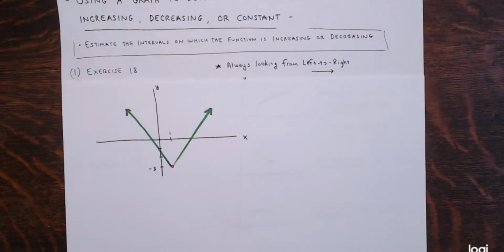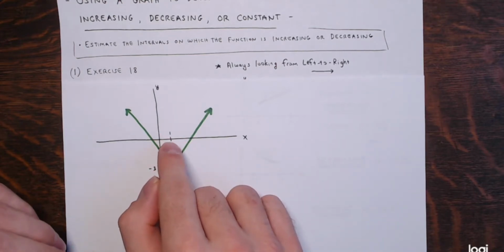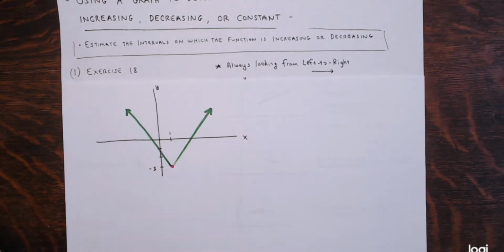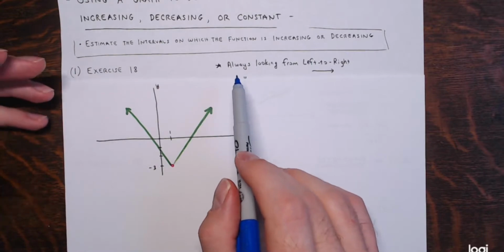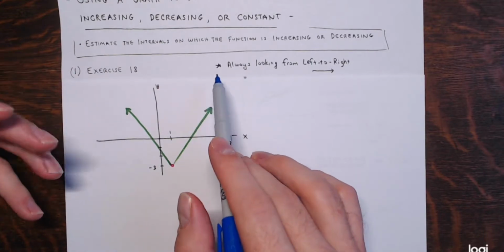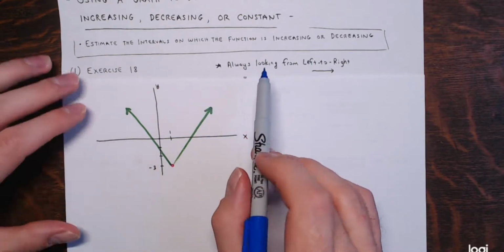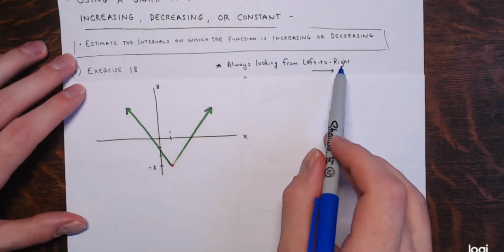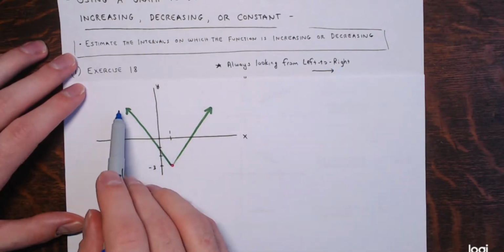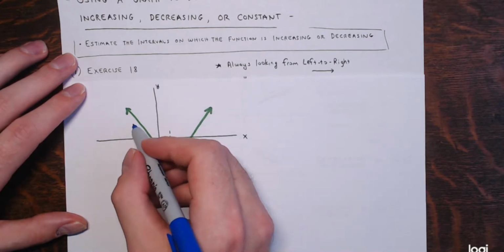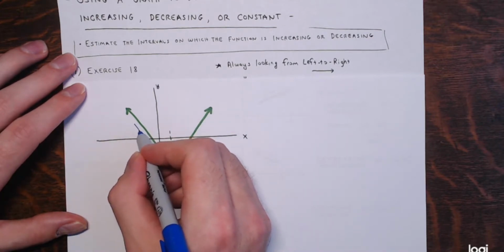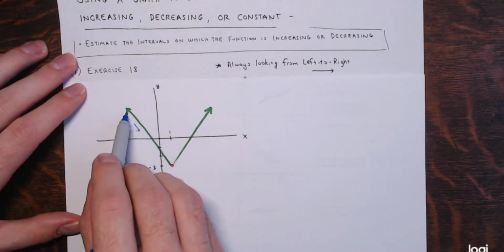All right, so here we go. I've got just a very, very rough sketch of it. I only put up the number that's really important on the x-axis here. And as I mentioned earlier, when you're asked about where a function is increasing or decreasing or constant, you're always looking from left to right. So look at this graph from left to right, and on this piece of the graph, the y coordinates are decreasing.